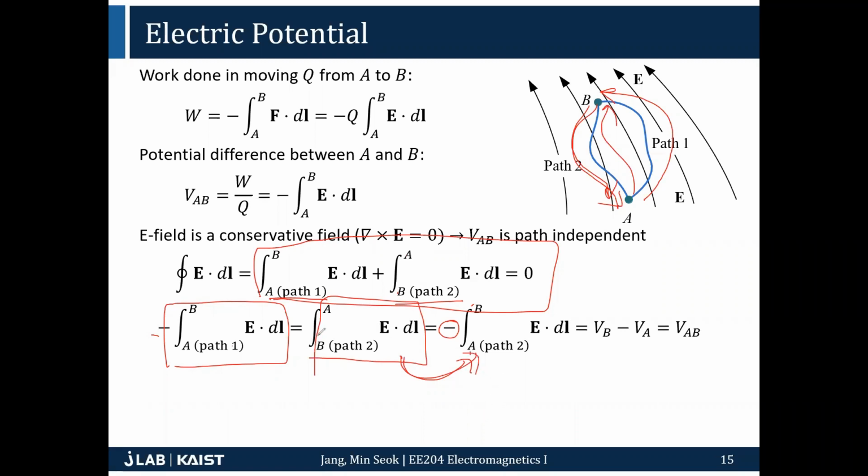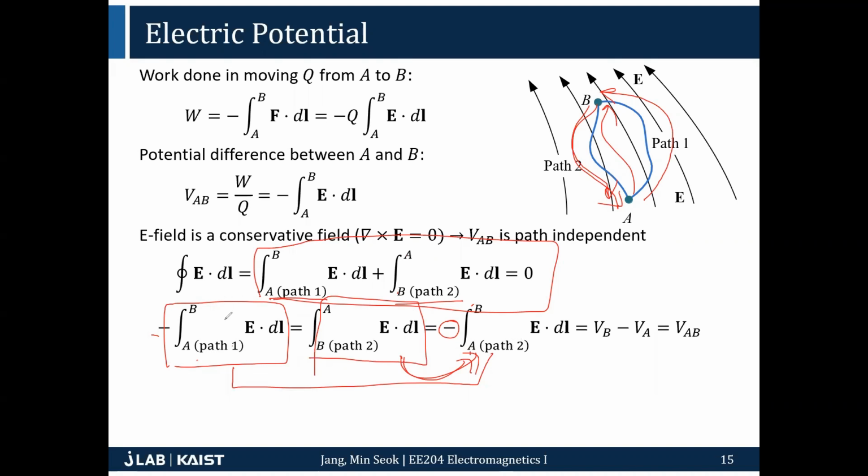That means it doesn't matter which path you choose in calculating this path integral. It should always be the same value, because this equation holds for an arbitrary choice of path 1 and path 2.